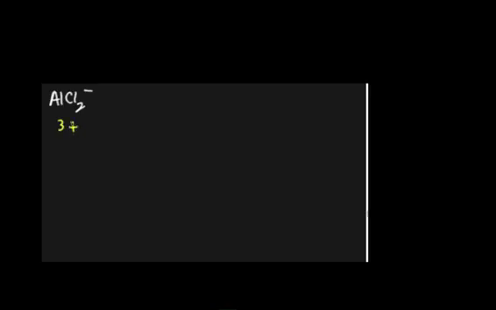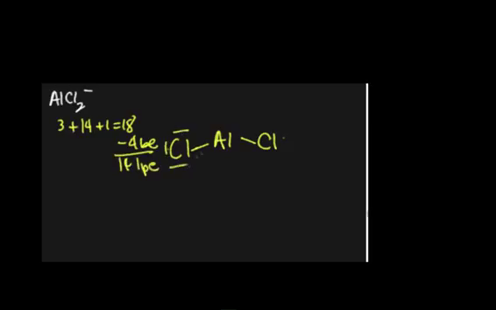Chlorine has 14. Then you add 1 to it, so everything will be 18. Aluminum will be the central atom, and then we have chlorine to the side. Then you subtract 4 from the total valence electrons, giving you 14. Then you add the lone pairs around chlorine first. Then you subtract 12. Then you have 2 lone pairs around aluminum.